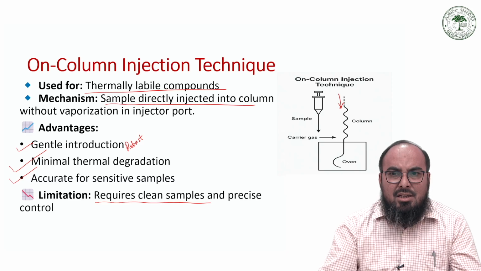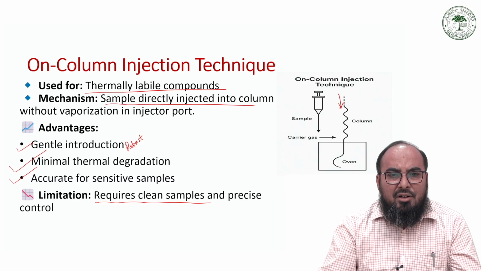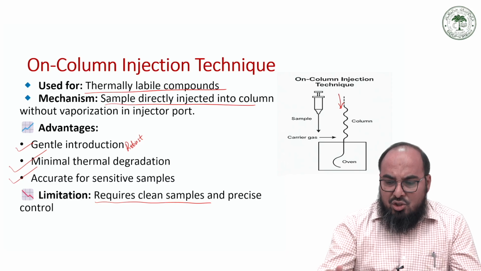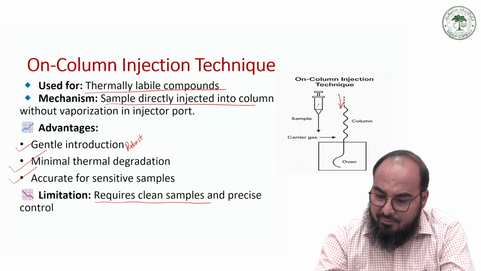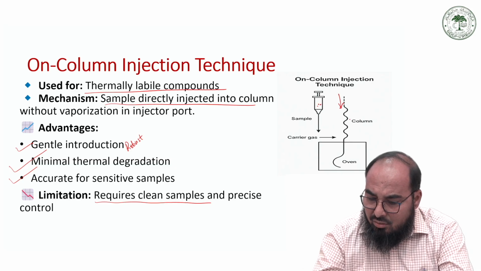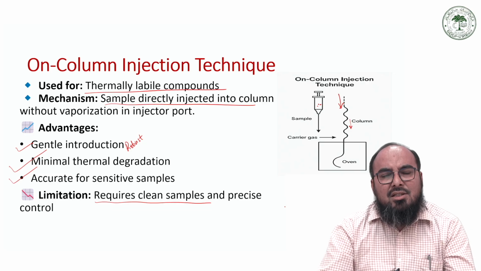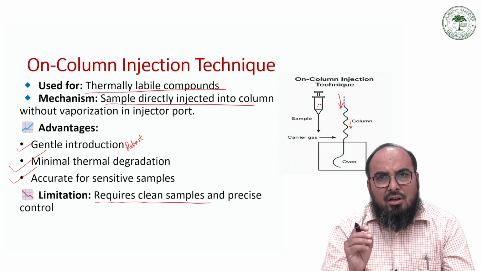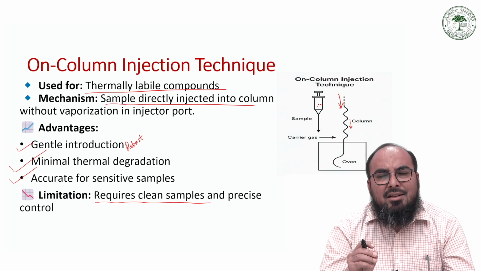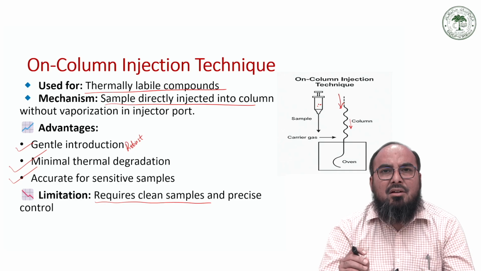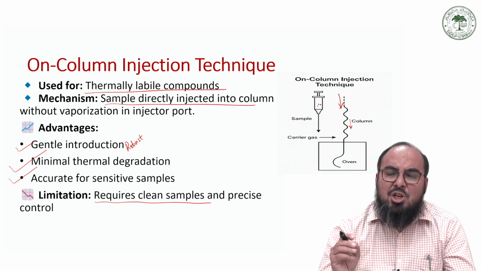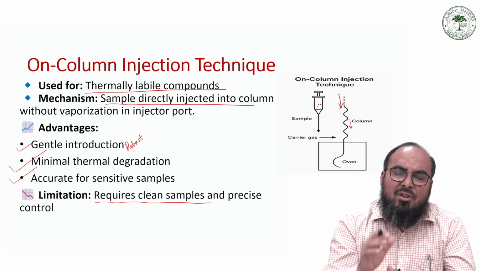Otherwise, because there is no filtration mechanism here, if some impurity is there, it will directly go into the column, and there are chances that the impurity interacts or reacts with the stationary phase of the column, or maybe with the carrier gas.